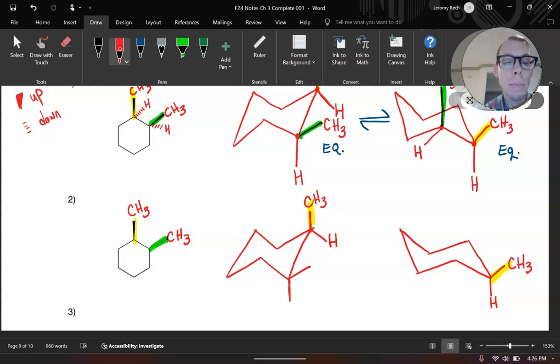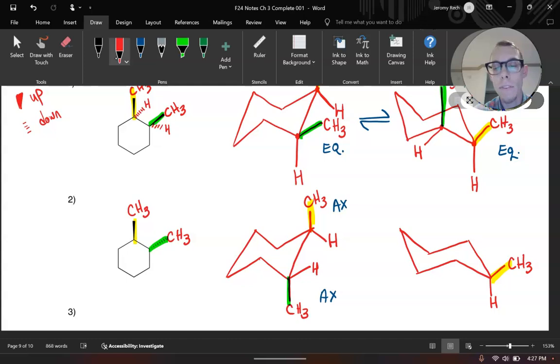So here I see that my CH3 is now going to be a dash, and dash is defined as being down. So therefore my CH3 in this structure is going to be in an axial position rather than an equatorial. In our top one, it was originally equatorial. Here I have an axial and an axial for both of my methyl groups.